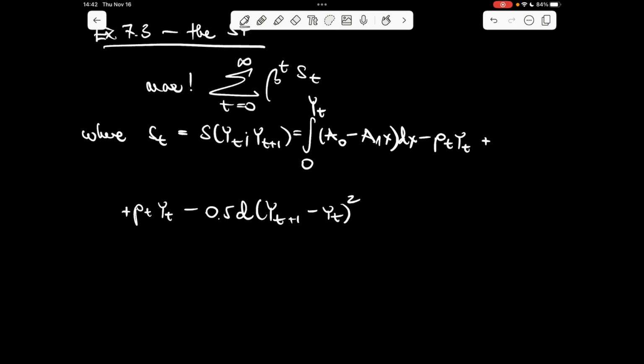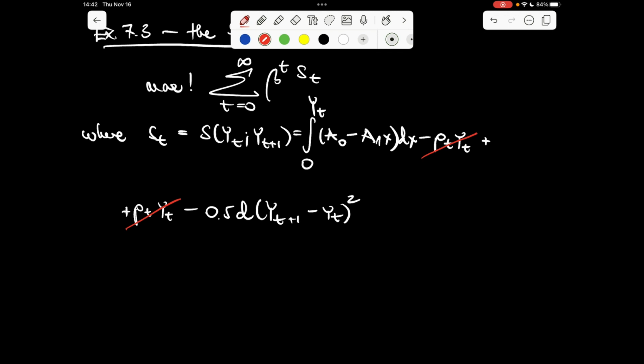Okay, the same convex cost function. So this is what the social planner wants to maximize. It's easy to realize that these two items cancel each other.